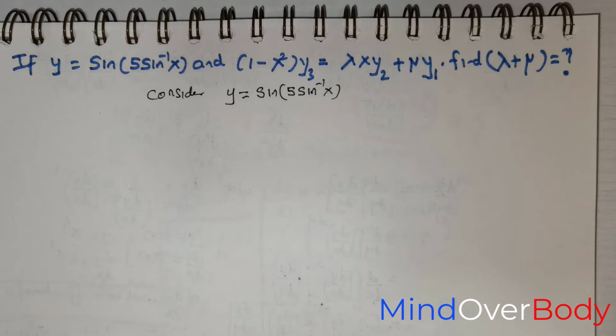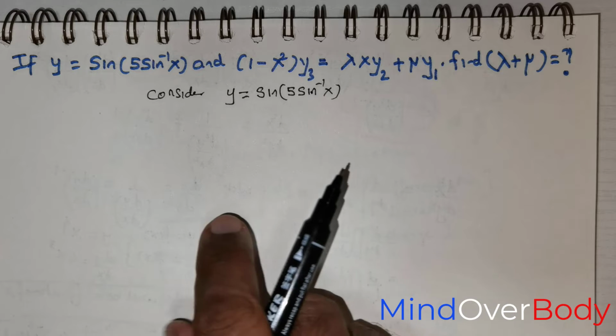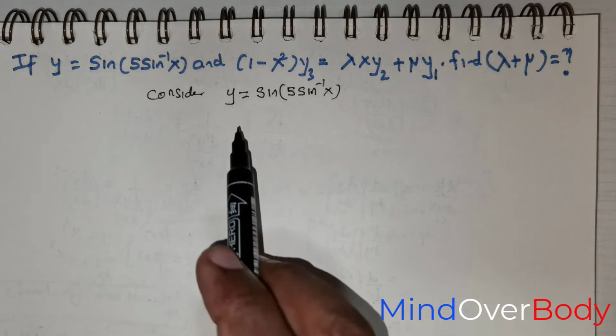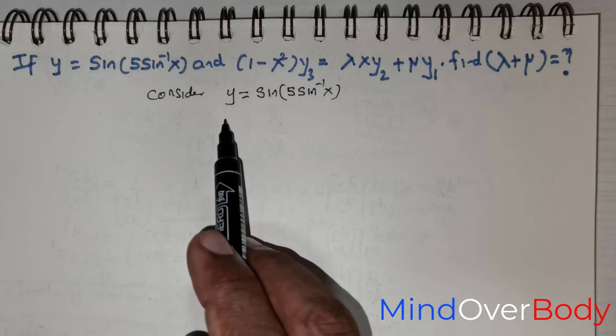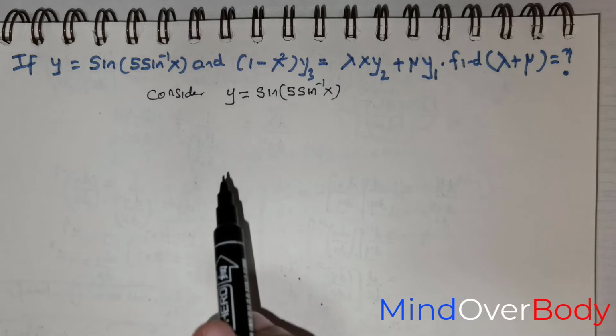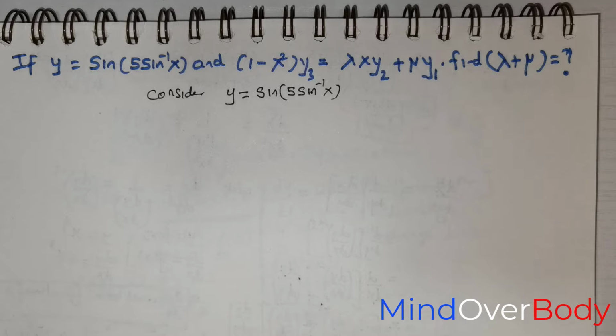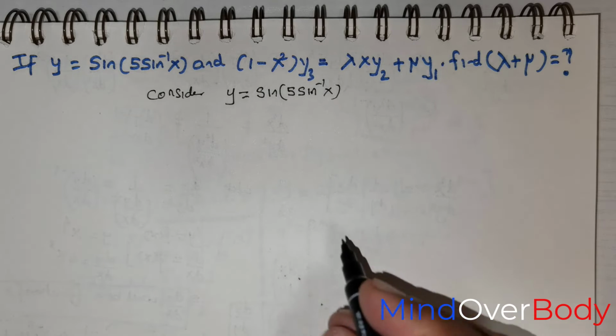So what I mean by that is that we need to be a little bit cautious in approaching this, because if you were to outrightly start differentiating this term first time, second time, third time, you will forever end up in obtaining the derivative. So there wouldn't be any termination at all. So hence it is imperative for us to adopt a way by which we can achieve the end result, lambda positive mu.